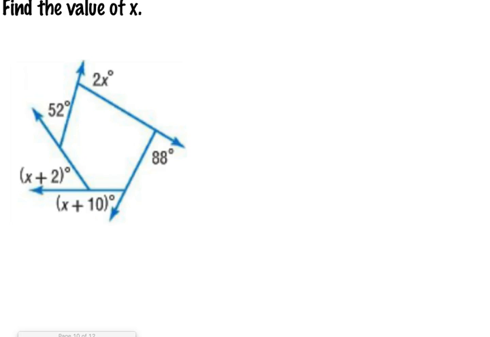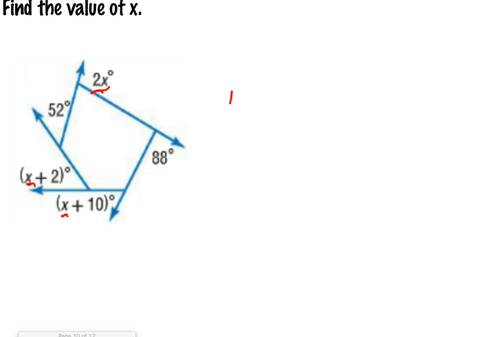So how can I find the value of x here? Add them all up and make it equal to 360. You see how they're all exterior angles? So they have to add to 360. Okay, I'm going to combine like terms as I go.